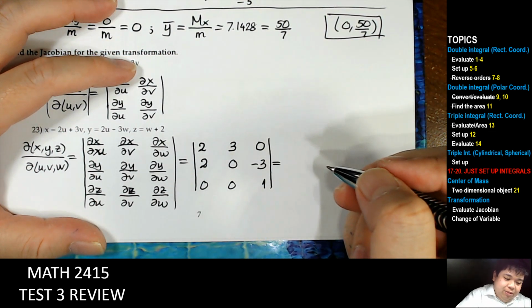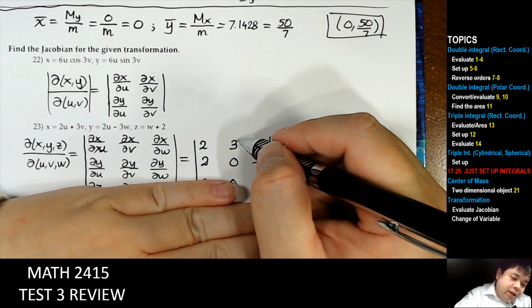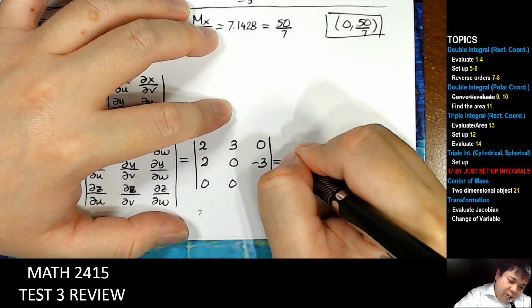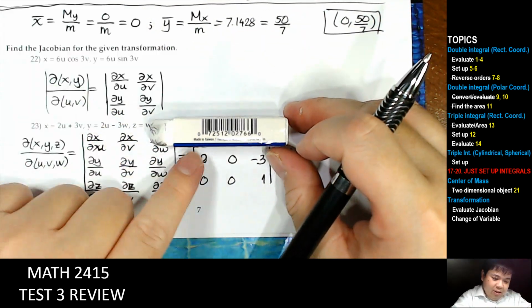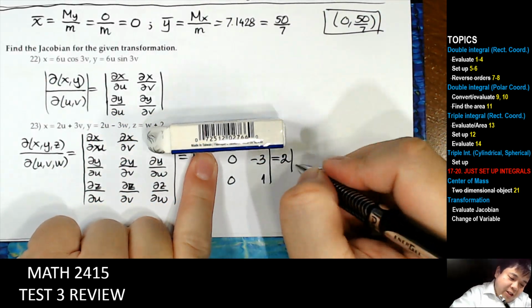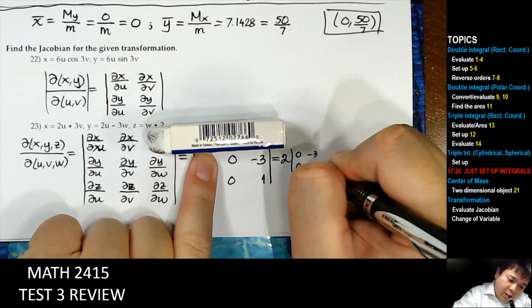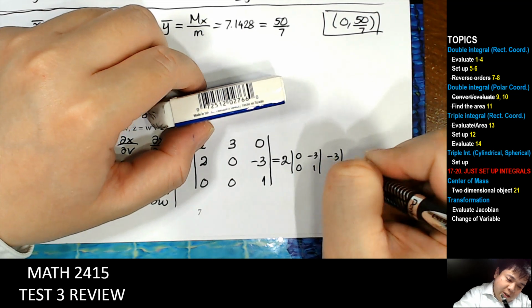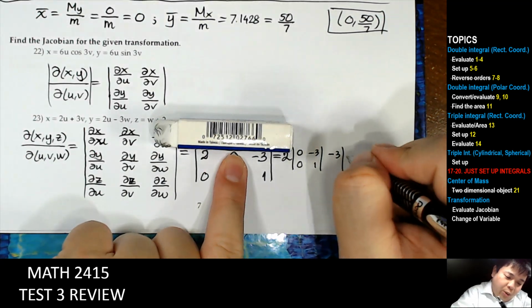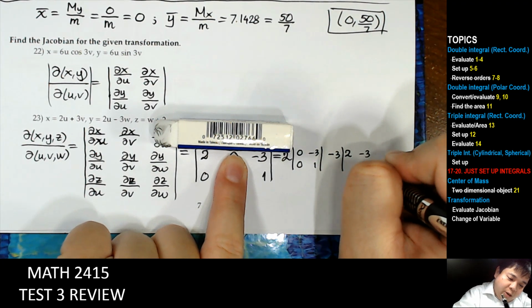So the 2, cover the row and the column, will be 0, 0, -3, and 1. And next, -3, we have 2, -3, and 1.